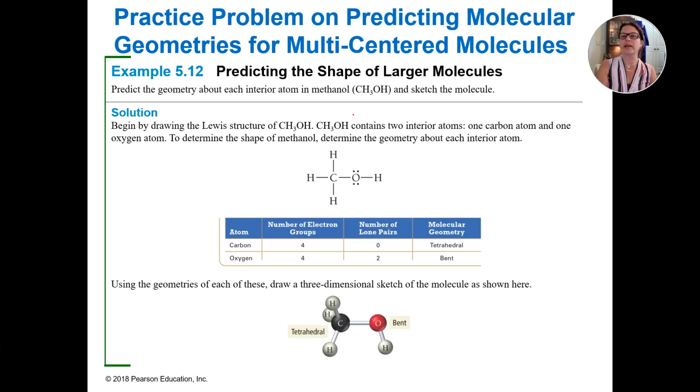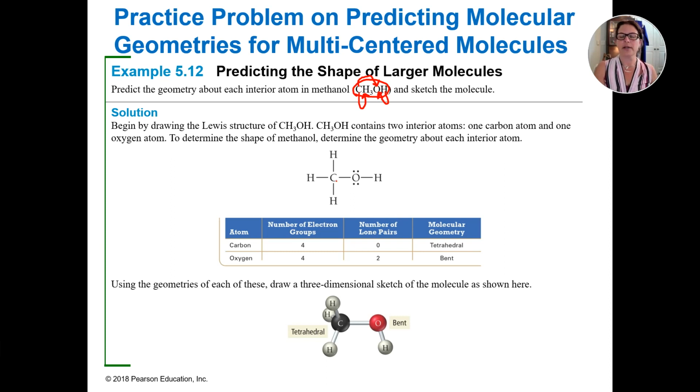When you see something like this, this is what you're going to see a lot of in organic chemistry. What this tells you, the fact that it's in order the way it is, tells you that this carbon is directly bonded to those 3 hydrogens, and also directly bonded to the oxygen, and this hydrogen is bonded to that oxygen.